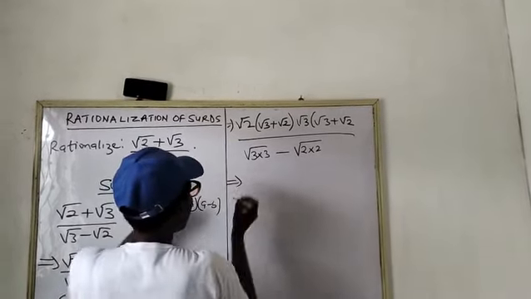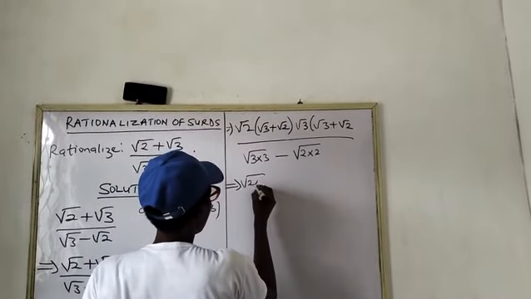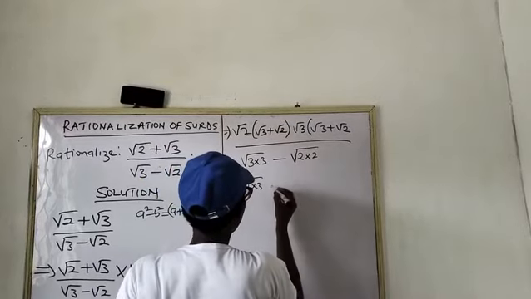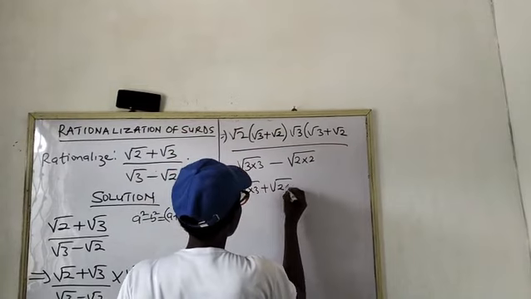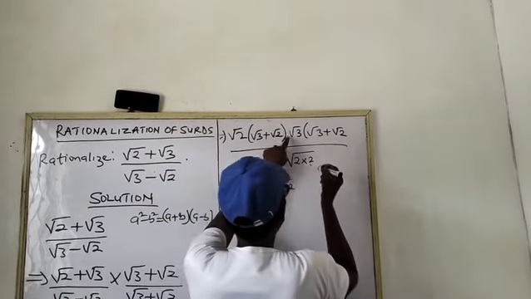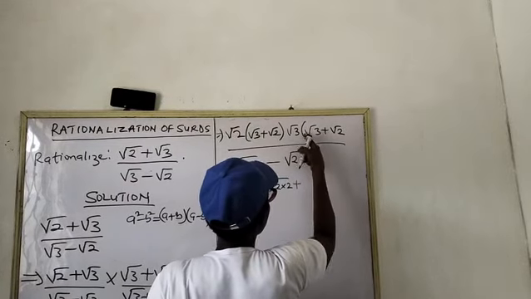We have root 2 times root 3 giving us the square root of 2 times 3, plus root 2 times root 2, which is the square root of 2 times 2. This is having plus, so plus times plus is plus.